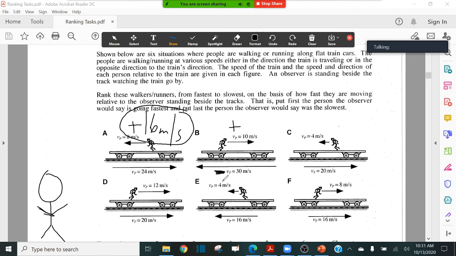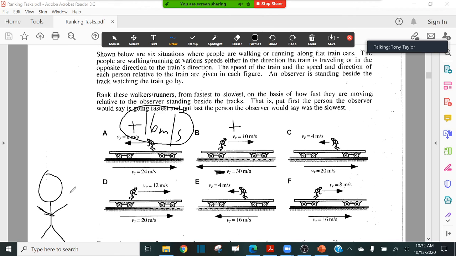So someone tell me, when we combine these two velocities, how fast is the person on the train moving relative to this outside observer here? Can someone tell me in situation B? Anyone? 20 meters per second.